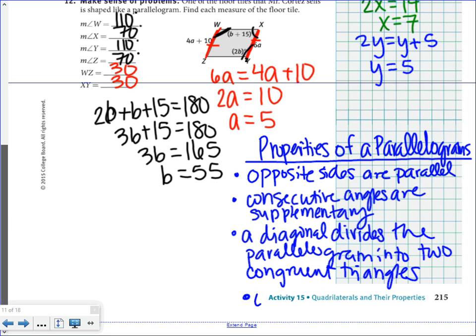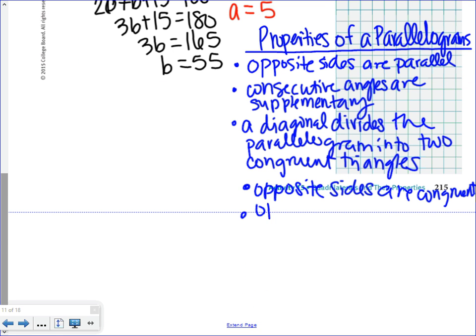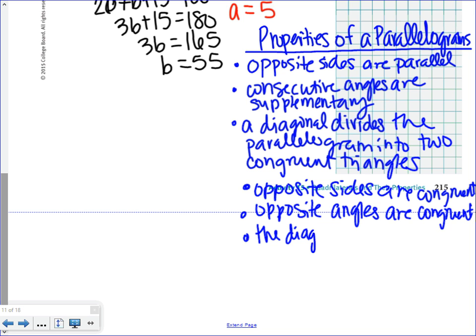Another one, opposite sides are congruent. Another one, opposite angles are congruent. And then the last one is that the diagonals bisect each other. So those are your 6 properties of parallelograms that we looked at today, just so that you have them all together.